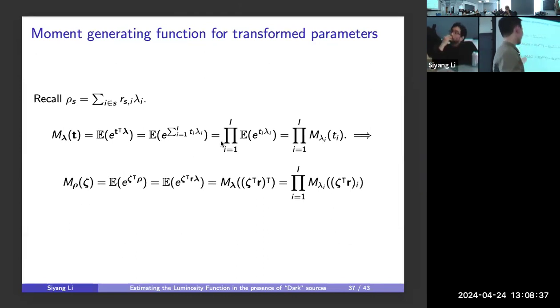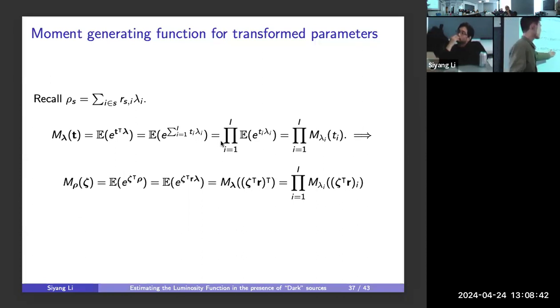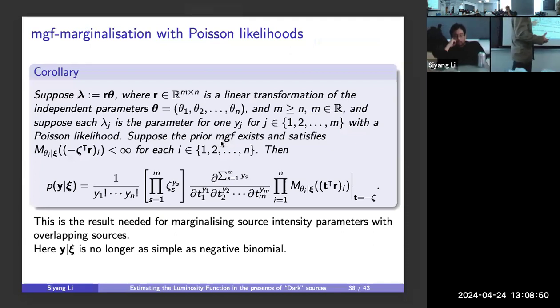We can basically just plug in the transformations to the corresponding parts of the moment generating function. Then we can derive a more generalized version of that theorem on a transformed and scaled population of independent parameters. And this is what we can use for marginalizing out the population of source intensity parameters with the overlaps, for the more complicated simulation study.